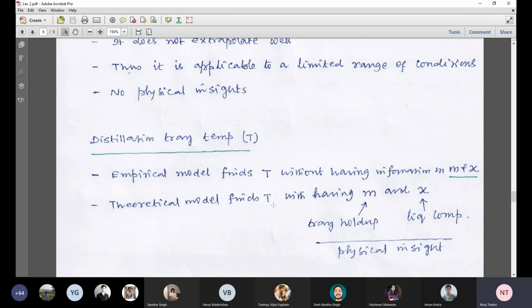All information you can have. That means we can have physical insight into the distillation process.